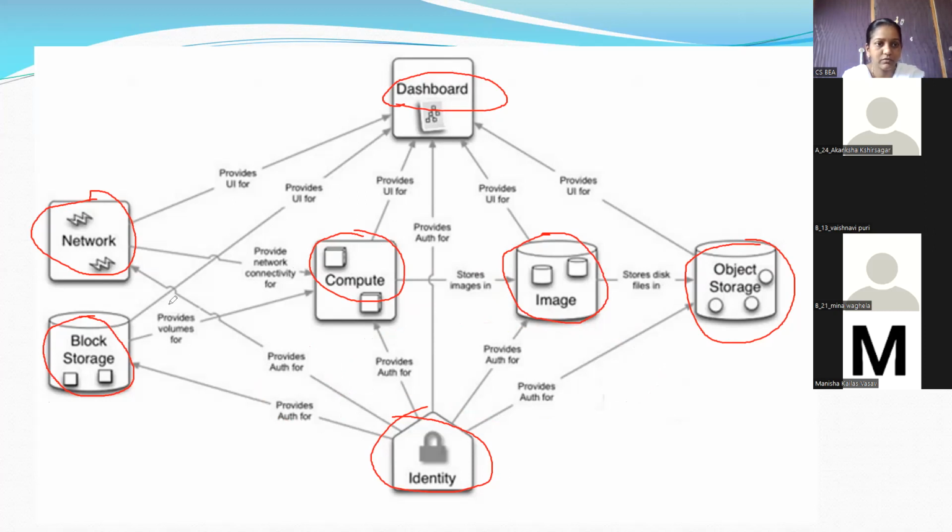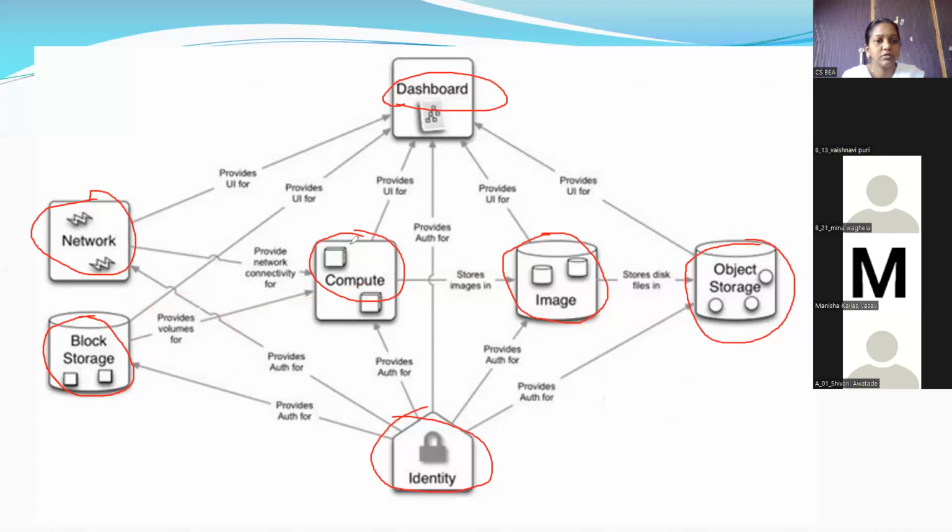So block storage will provide the volumes for what? The compute. Then the network is responsible for providing the network connectivity for what? Compute again. Then this will provide the user interface for what? For the dashboard.